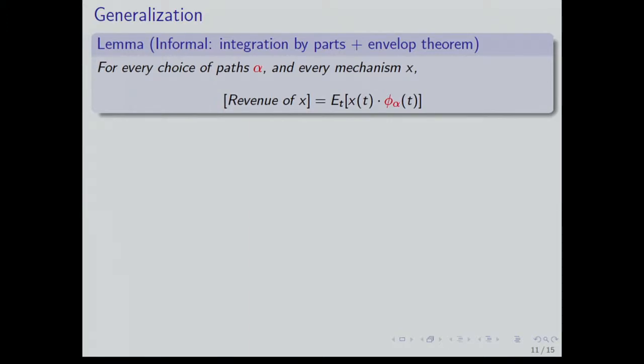Again, don't worry about how exactly, but any choice of paths gives you a virtual value function that satisfies this property, that the revenue of any mechanism is equal to its expected surplus.